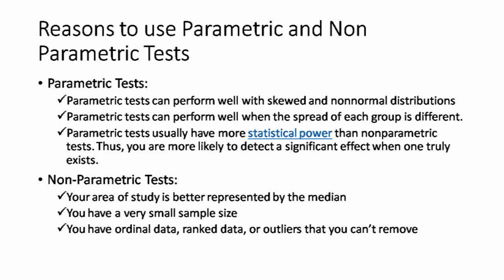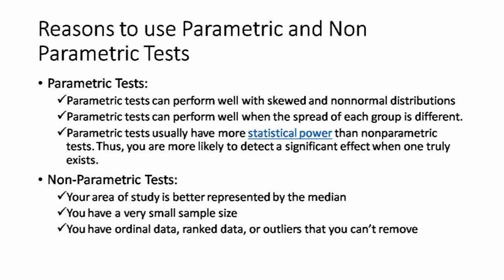So let's go on to the reasons to use parametric and non-parametric tests. Parametric tests can be performed well with skewed non-normal distributions provided we have a sample size greater than 30, because in that case, even if the distribution is non-normal, the sampling distribution, because of CLT, that is the central limit theorem, can be approximated to a normal distribution.